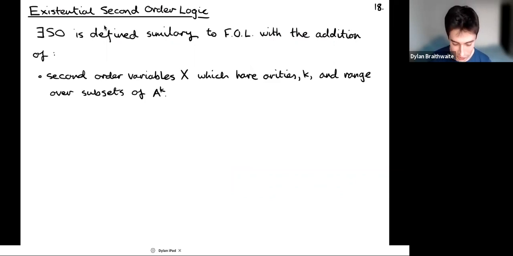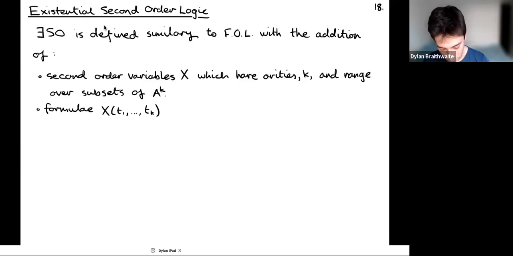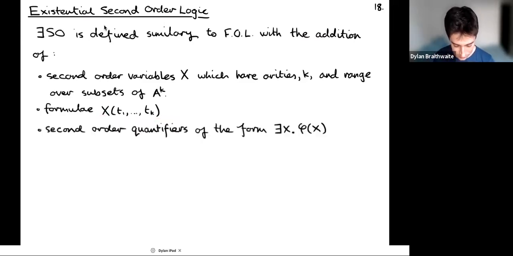It's just like first order logic, but we have variables that can range over sets rather than individual elements, and they can be sets of tuples as well as just subsets of the universe. We can form predicates from them, and we can existentially quantify over them, with the caveat that the existential quantifiers have to all go at the start of the formula. Otherwise, we could just form universal quantifiers by sticking a negation in front of them.